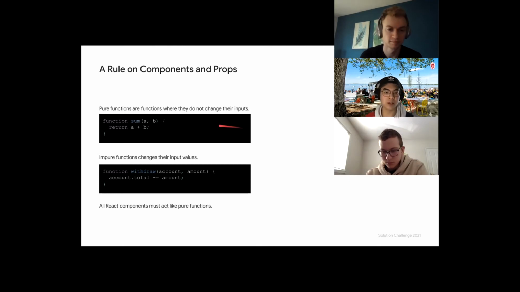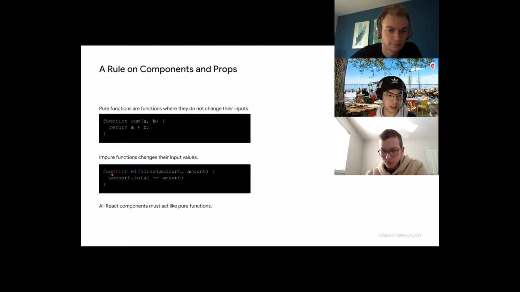So in this case, if we have this function sum, and the parameters a and b are passed, it basically just returns a new integer, the sum of a and b, and a and b will be left on their own. They will remain the same.